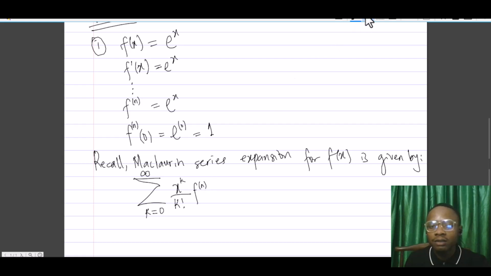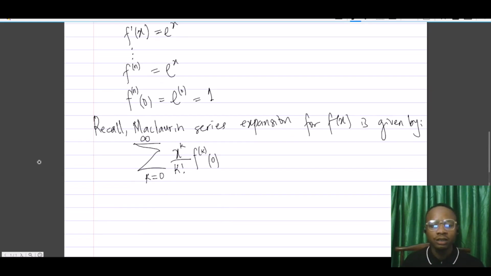So it should be the kth derivative now since we're using k as our variable. The kth derivative of this evaluated at x equal to 0. Alright, so basically f of x is equal to this.